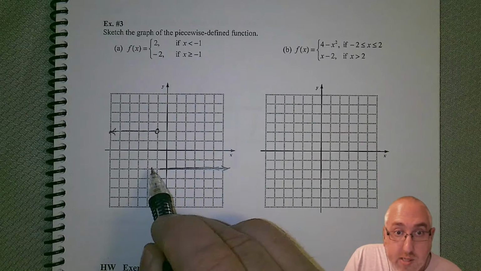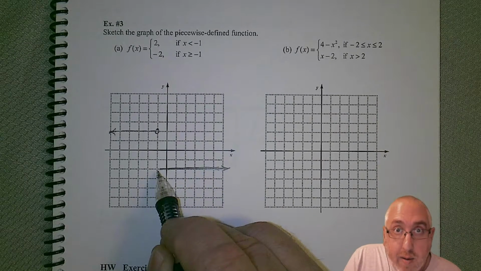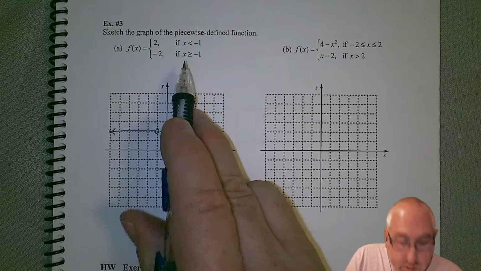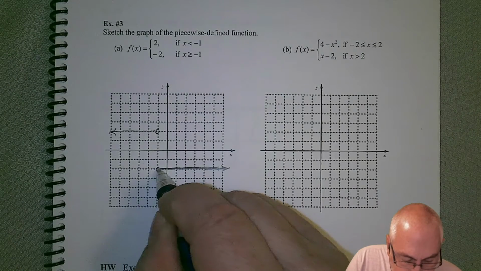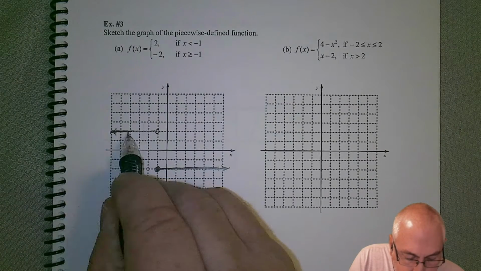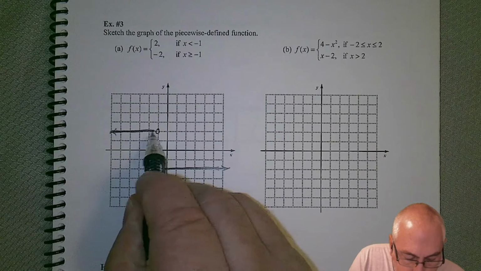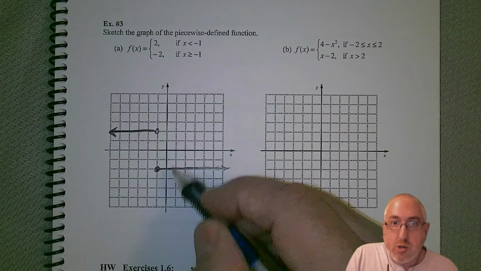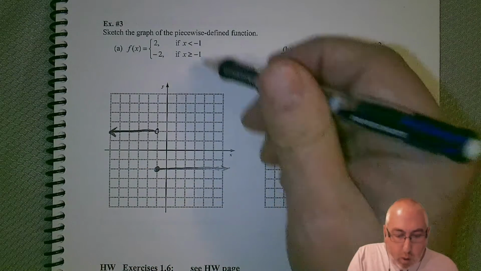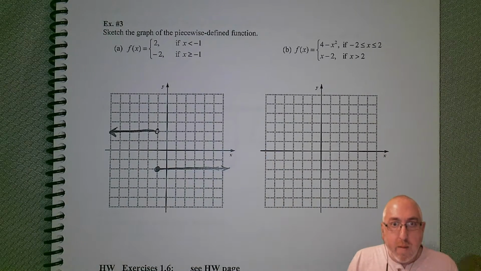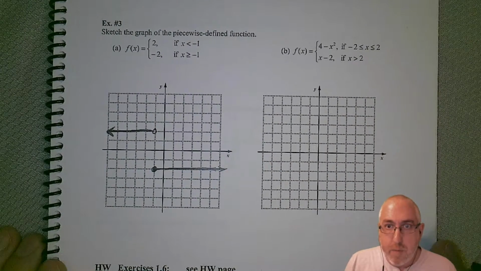And now, do we want a solid or an open dot here? Well, now we do have a greater than or equal to, so we do want a solid dot. So again, those inequalities are very important in determining whether or not you have solid or open dots at just those transition spots. So -1 is a transition spot. So we got to be really careful what we are showing in our graphs there.